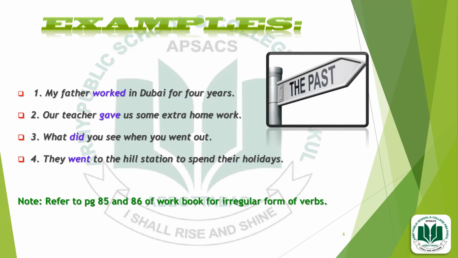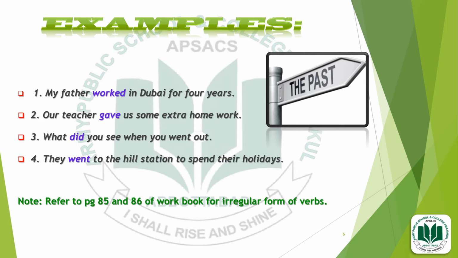Students, when we talk about the second form of the verb, we should also see the regular and irregular forms of the verbs. When we talk about the regular verbs, they are the verbs whose second and third forms can be made by using D or ED. Whereas the irregular verbs are those whose second and third forms cannot be made by using D or ED.